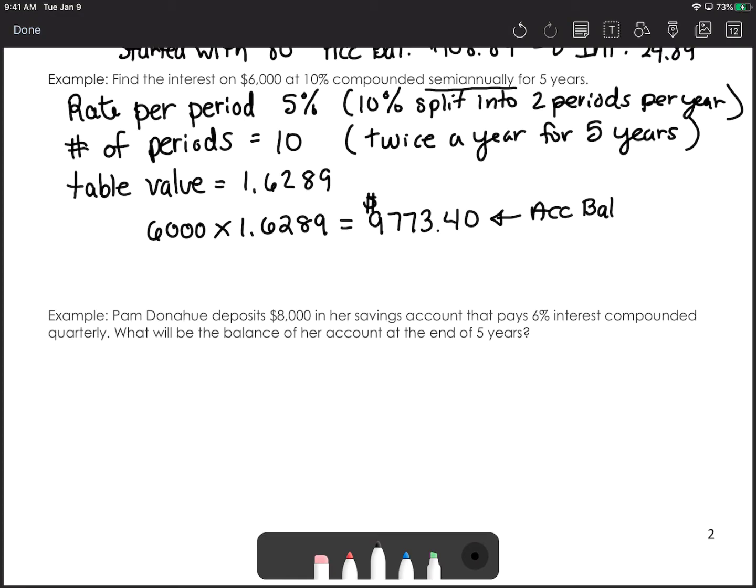So that's the difference between the accumulated balance and the principal. So the interest is going to be what I get when I take 9,773.40 minus 6,000. And when I subtract that, I'm going to get $3,773.40. So this represents the interest.